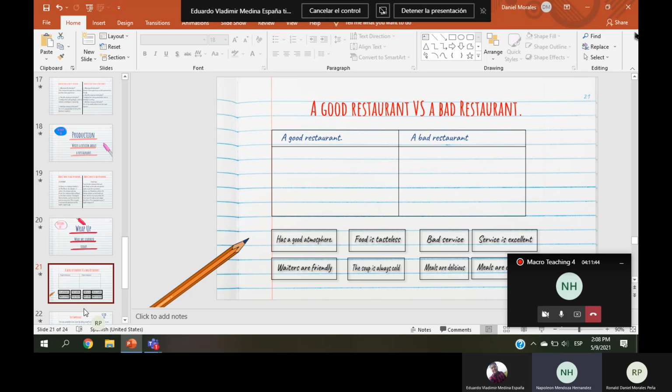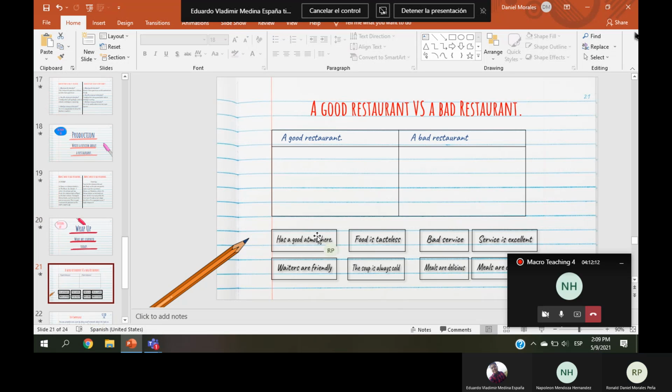Okay, now we are going to talk about some characteristics of a restaurant. Can you write, Ronald, a characteristic of a good restaurant? Okay, sure, teacher. So let me see.